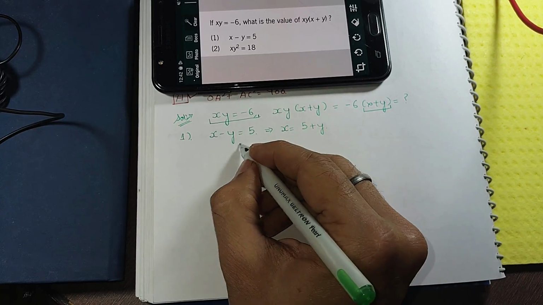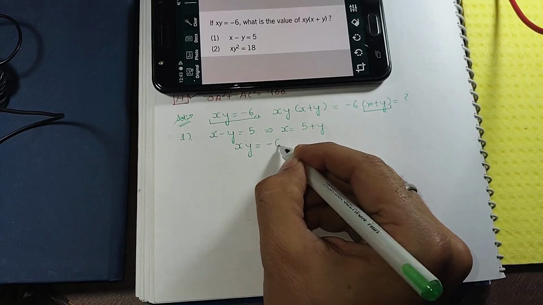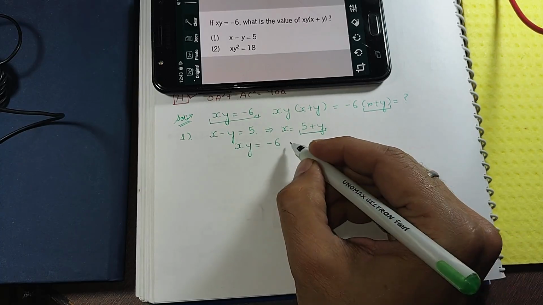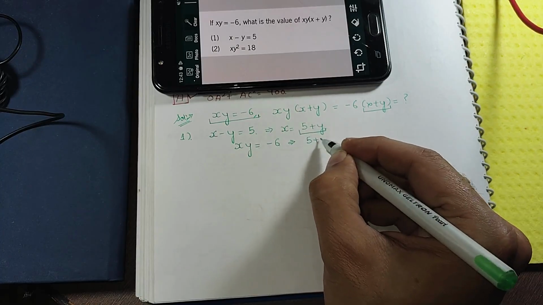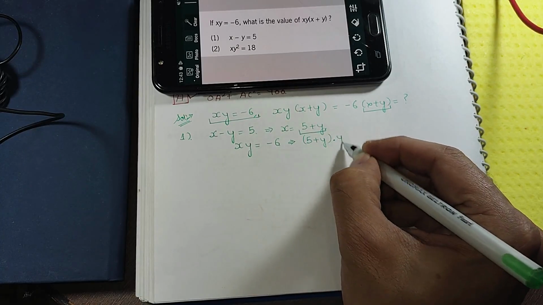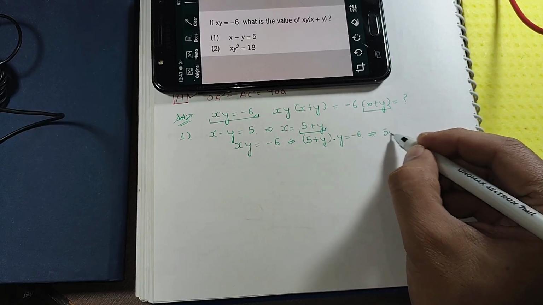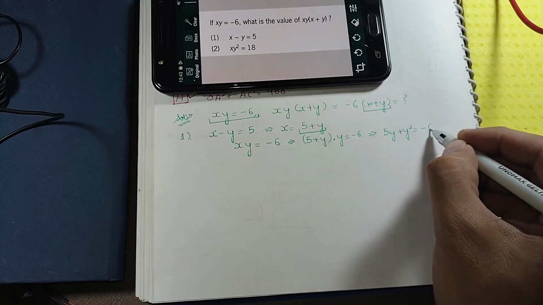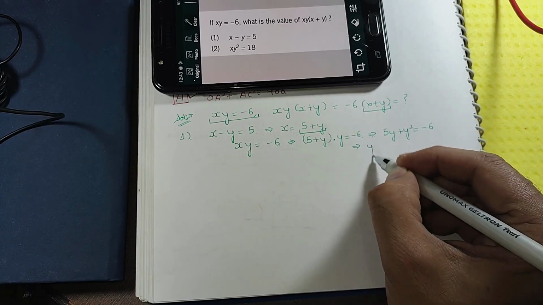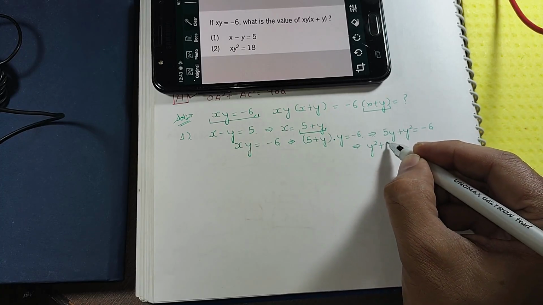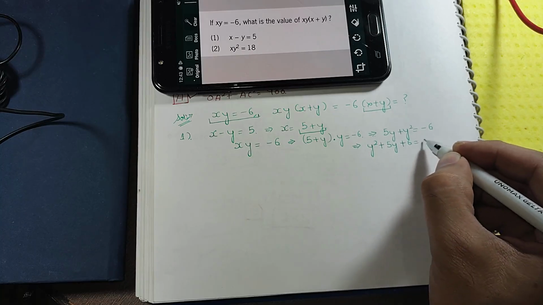Now since xy is equal to minus 6, I can put this value over here. So I will be getting 5 plus y multiplied by y equal to minus 6. So this further implies 5y plus y square is equal to minus 6, or we get a quadratic equation y square plus 5y plus 6 equal to 0.